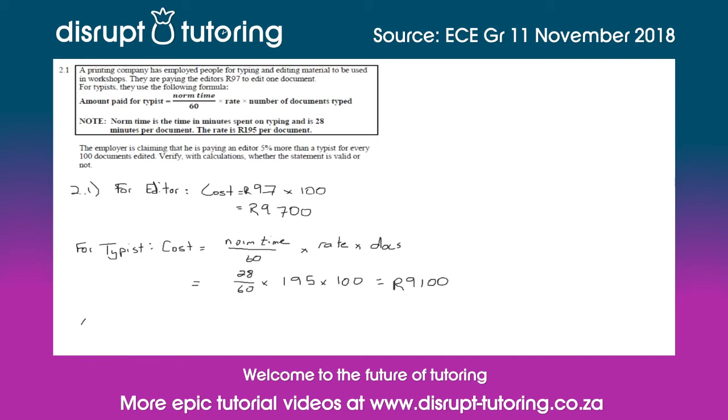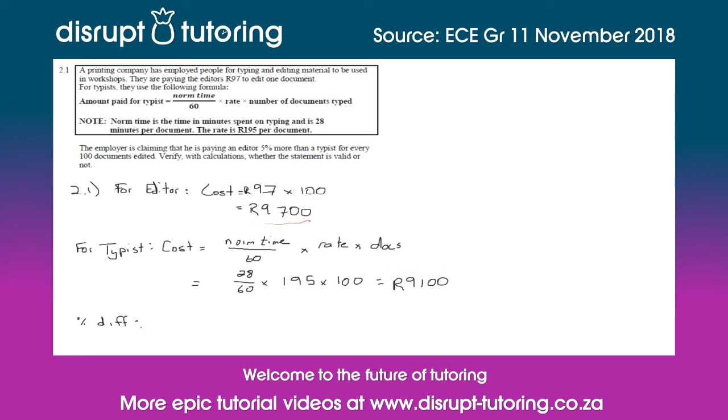So, percentage difference. To find this out, we need to take the amount that it increased, so the higher amount, and we divide it by the original amount, and that's going to give us our percentage increase.